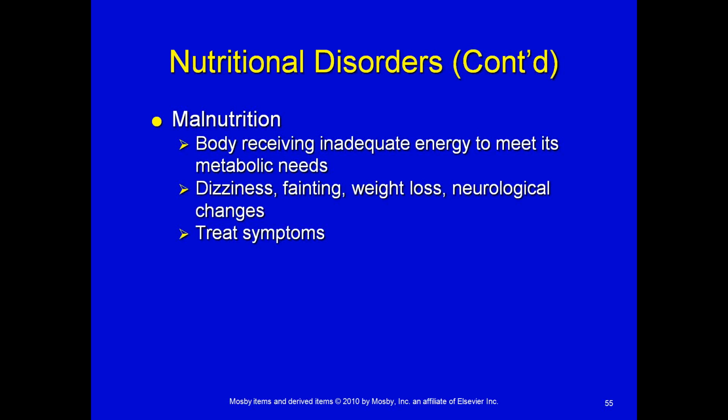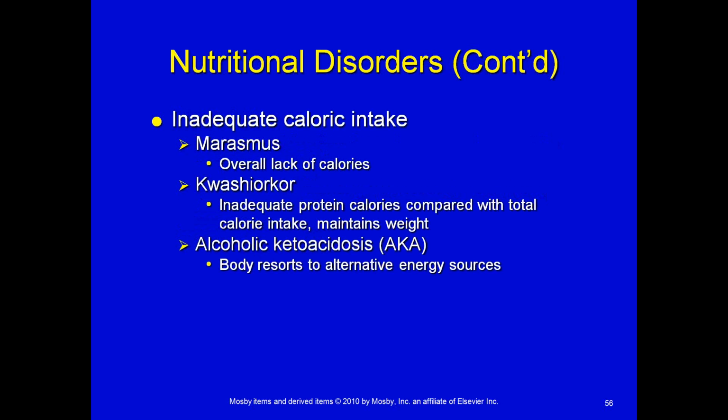For those who are malnourished, we treat the symptoms by identifying electrolyte disturbances, volume depletion, and lack of certain nutrients, and get them hydrated, get their electrolytes balanced, and get them on a so many calorie diet so that they can get the nutrition they need to thrive.